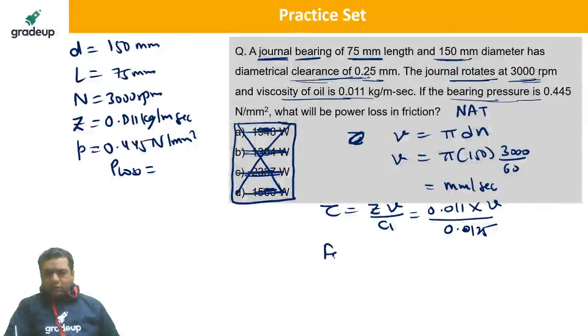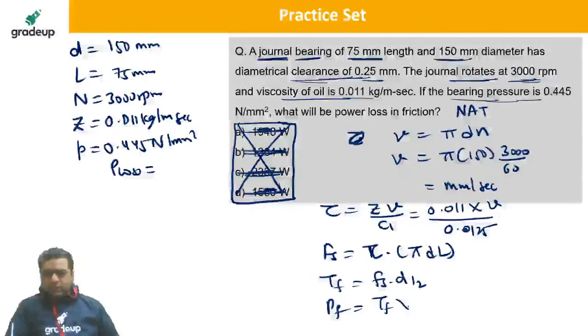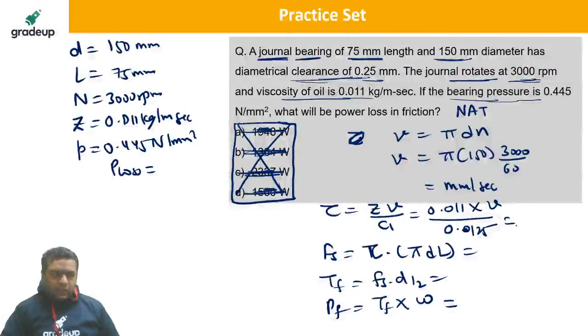Then you will be finding out shear force to be shear stress into pi D L, the area. Then frictional torque will be shear force into D by 2. Power loss will be frictional torque into omega. And you need to find out the answer. Please take care of units also.